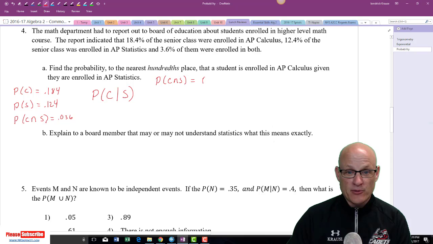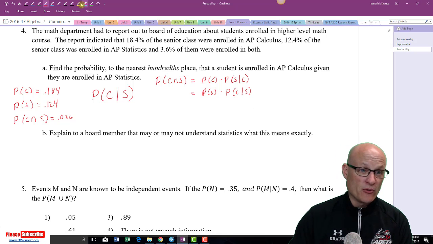So it's the probability of calculus times the probability of stats given calculus. Or that's equal to the probability of stats times the probability of calc given statistics.